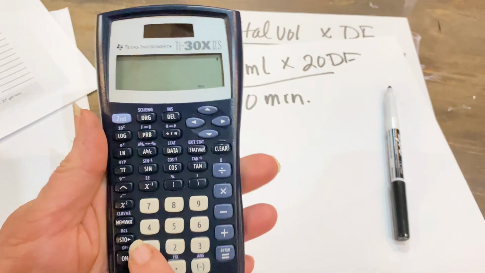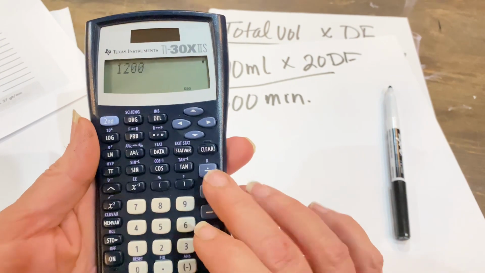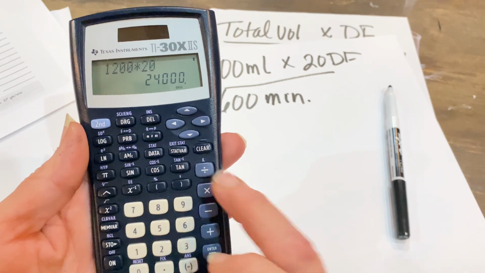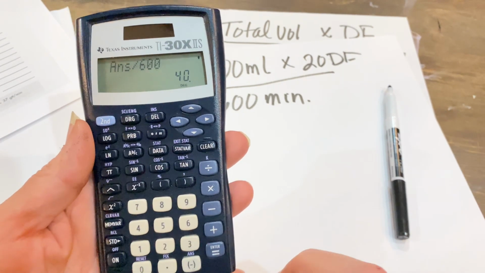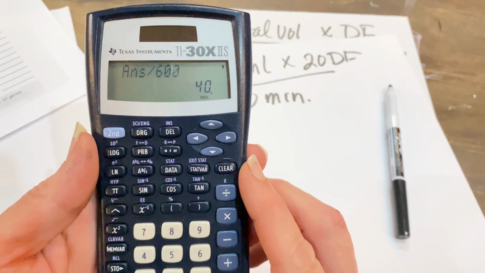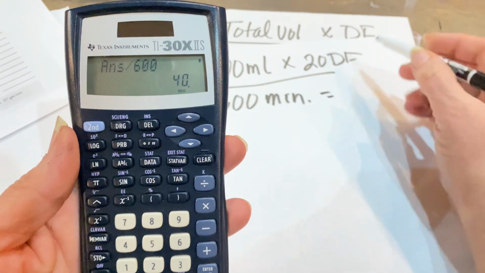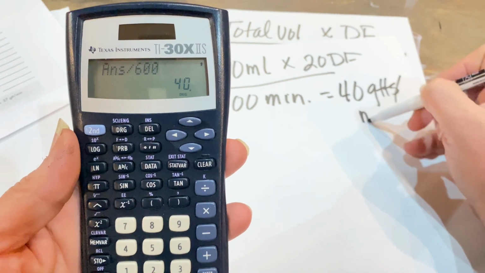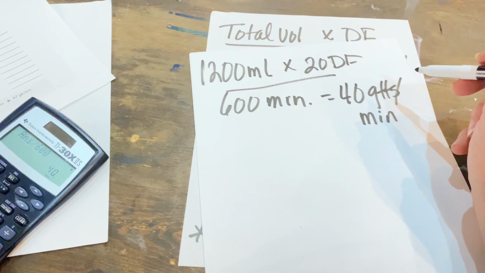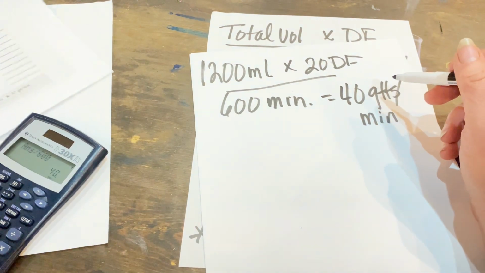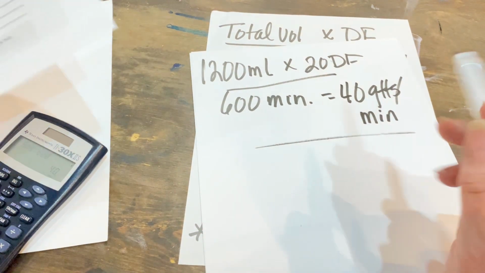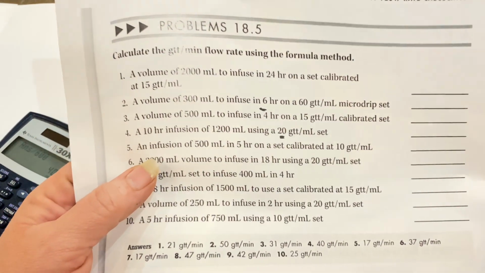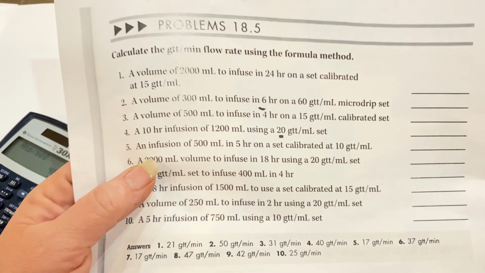We should make a song. 1,200 times 20 equals divided by 600. 40. It's 40 drops per minute. I know you're getting it. I know you're getting this. They're really kind of fun once somebody shows you.